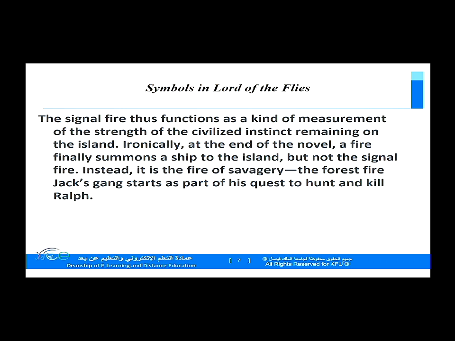This is a strange irony of fate. In the end, the fire that rescues the boys is not the signal fire, it's the incendiary wildfire that Jack and his gang start to wage war and kill Ralph.